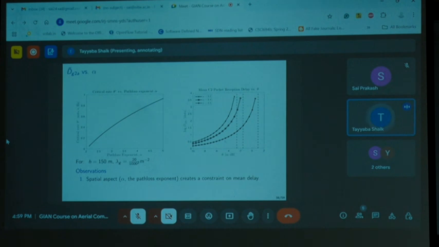For that reason, the signal to interference ratio, S by I, would be very high, so that it would cross theta. That is why as you increase alpha, you see an unexpected decrease in the mean delay, and associated with each alpha is a threshold theta, after which the mean delay is infinite. So this is one result in this paper.